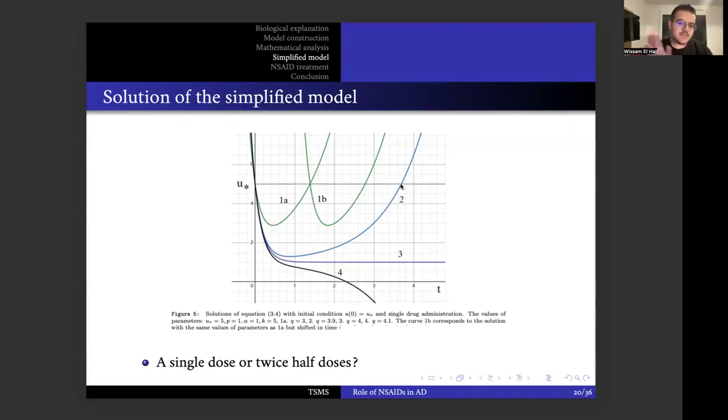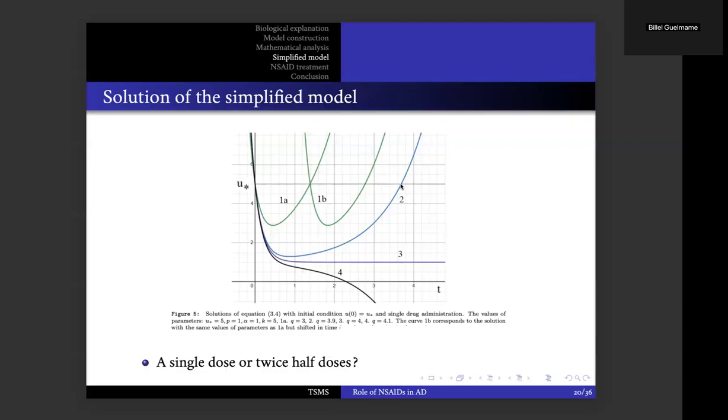Let me tell you, let's consider only one treatment. So I'm only allowed to take one treatment for now. One treatment, either I take it as one dose or I divide it into 2. So your question is, if I can do another treatment after 2 days, what will happen? You mean you take another treatment before going back to zero.